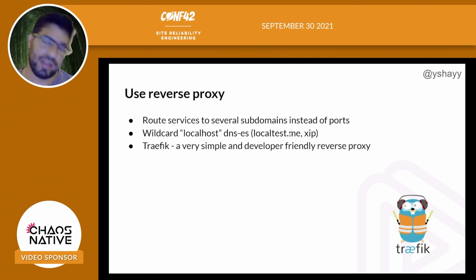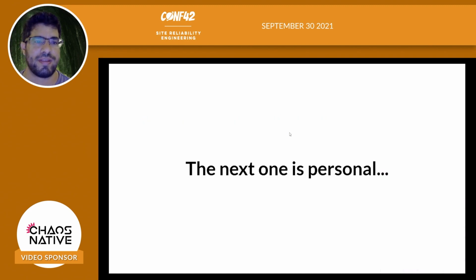Very cool trick, and you can also create one yourself, in terms of security, instead of using the public one. And we use here Traefik, which is a very simple and developer-friendly reverse proxy. The nice thing is it reads the Docker Compose definition, so it's very easy to use, and it also integrates well not just with Docker Compose, also with Kubernetes and other tools.